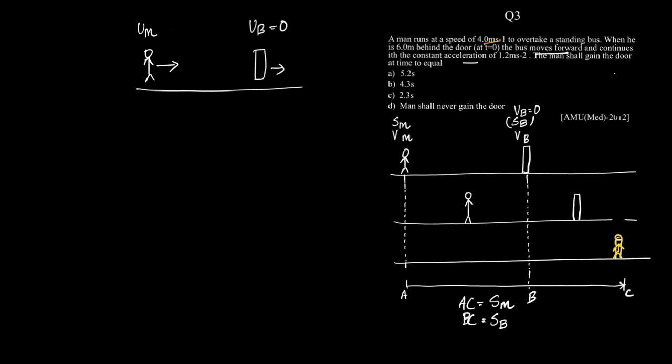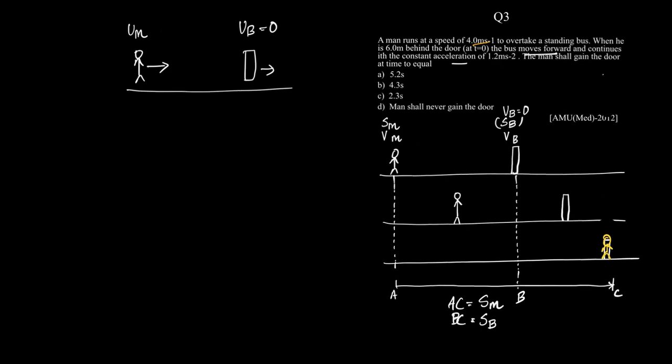So instead of considering both the bodies under motion, we can consider just one object in motion, but this time not his velocity, but his velocity with respect to the bus. Okay, and the distance between them remains the same. So this umb is what we call the relative velocity, right?